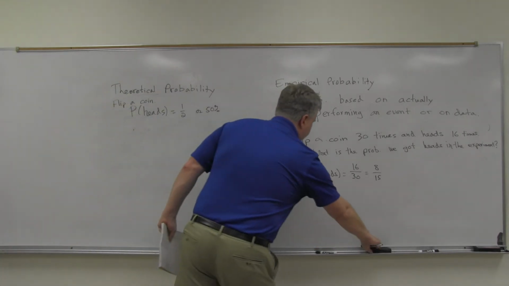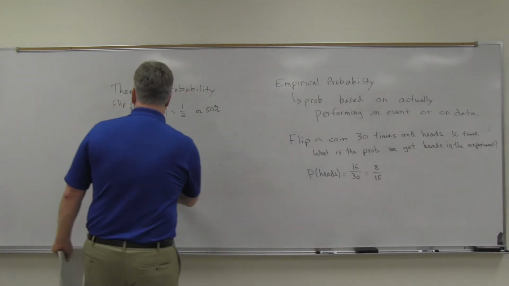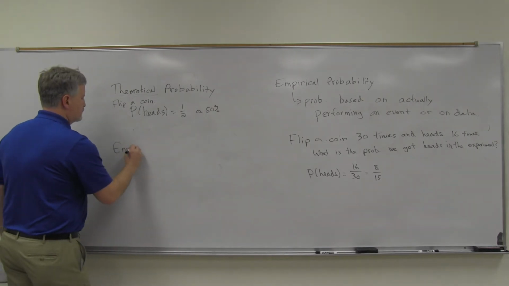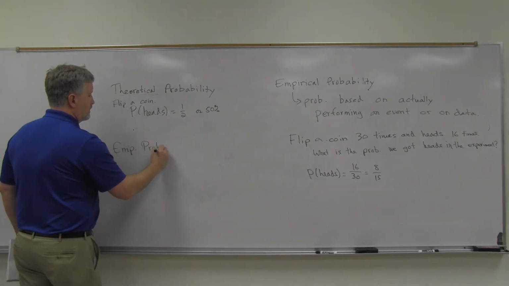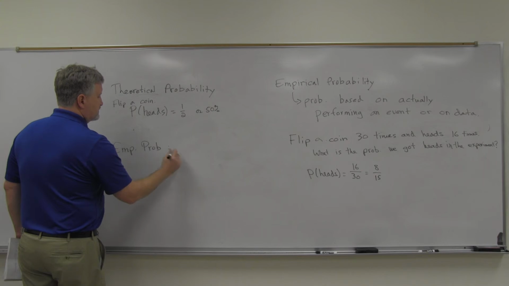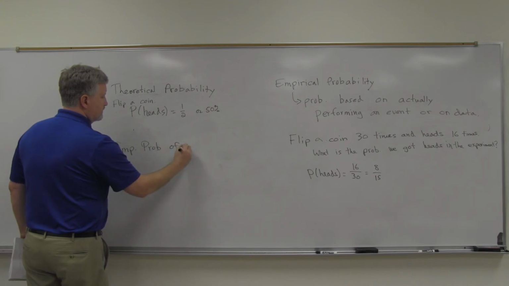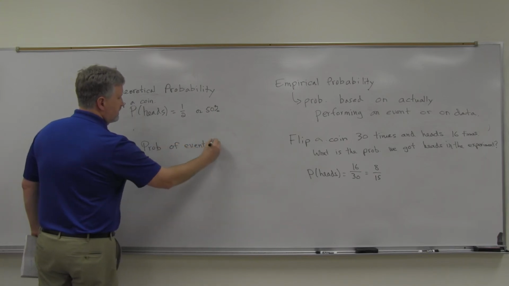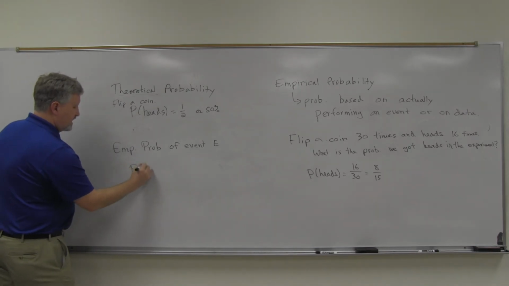So if we wanted to, we could say empirical probability. What that is, empirical probability of event E. That is slightly different.